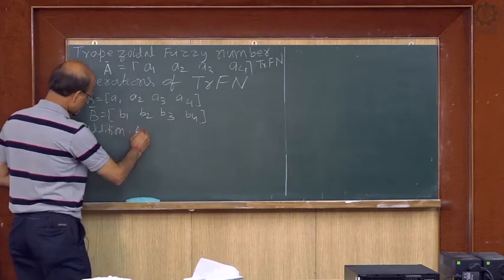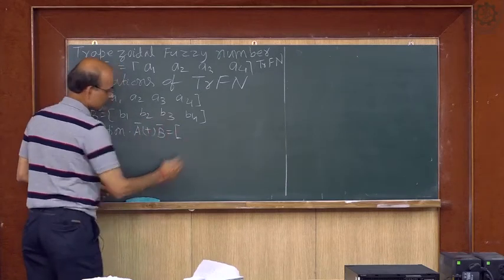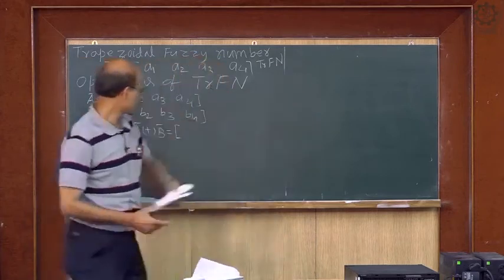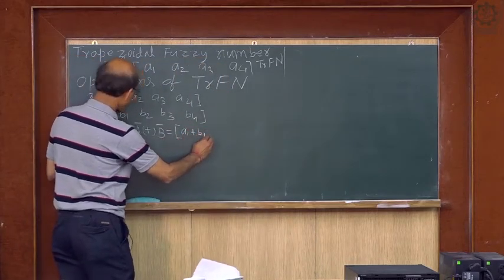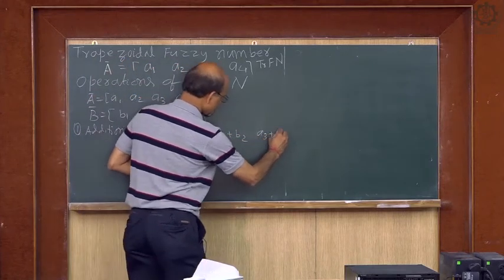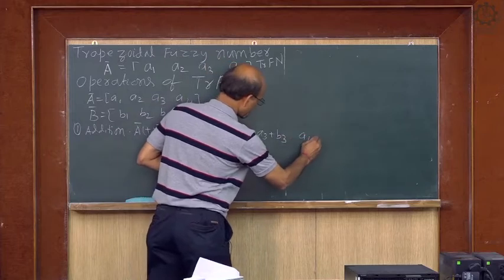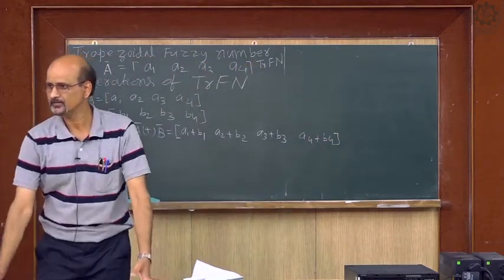Addition, that means A bar plus B bar is given by A1 plus B1, A2 plus B2, A3 plus B3 and A4 plus B4.